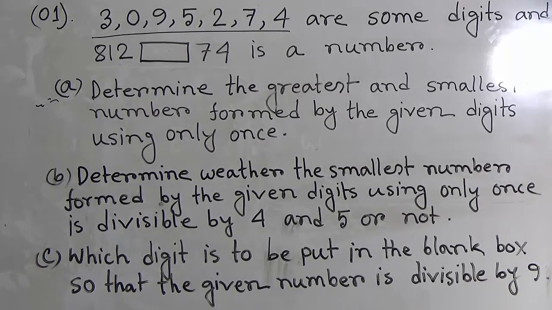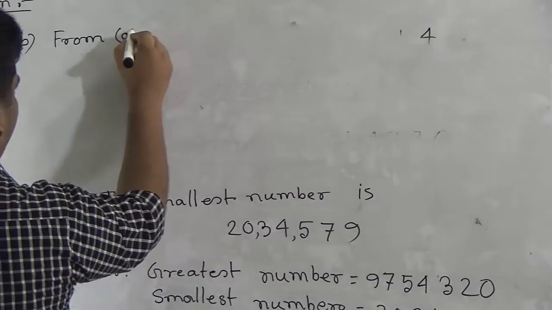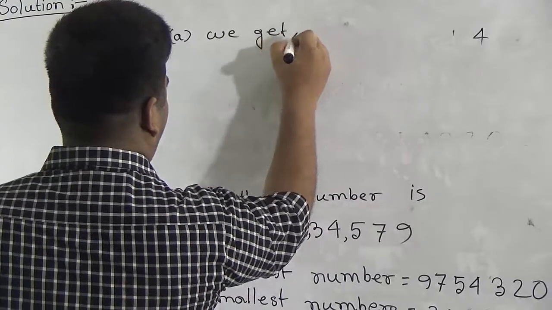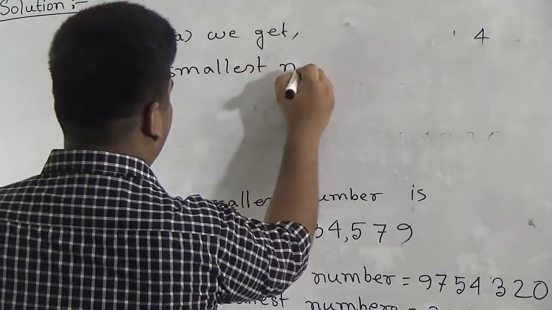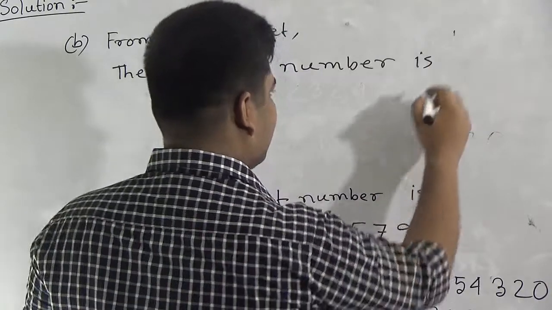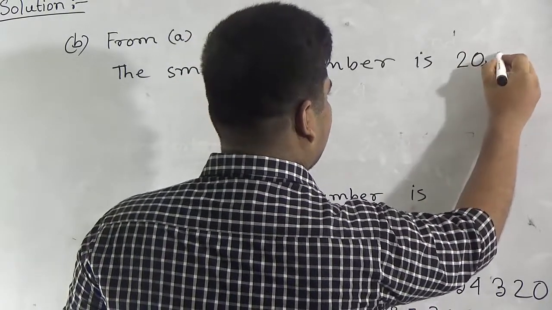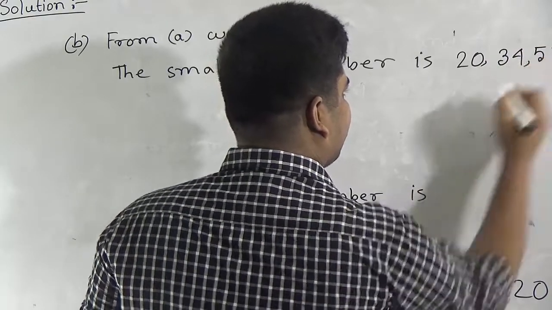Here we have already found the smallest number in question number A. So I erase question number A and start to solve question number B. So at first we write, from A we get the smallest number is 20 lakh 34,579.